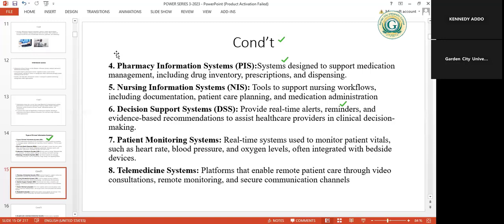Decision support system. They provide real-time alerts, reminders, and evidence-based recommendations to assist healthcare providers in clinical decision making. So when you go to decision support, which is also a major part of the topics under consideration, I will ask you a number of questions because I'm interested in the topic.